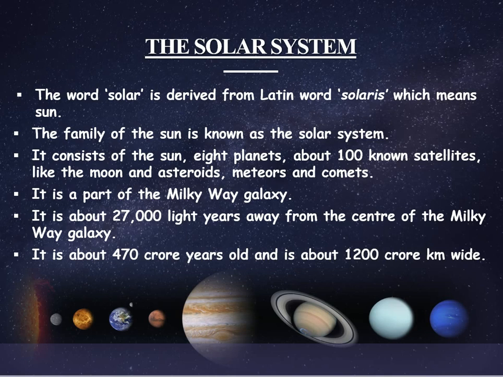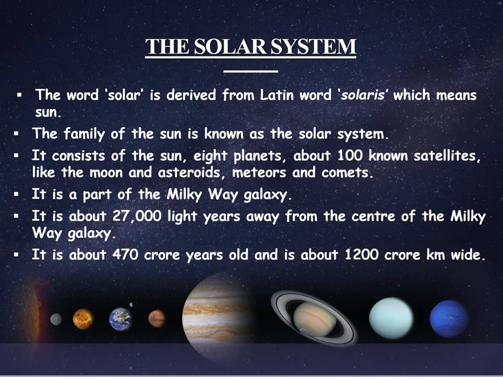How old is our solar system? Our solar system is 470 crore years old. And what is the width of the solar system? It is about 1200 crore kilometer wide.